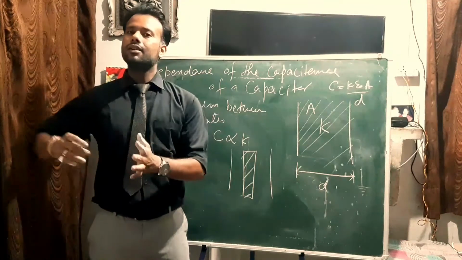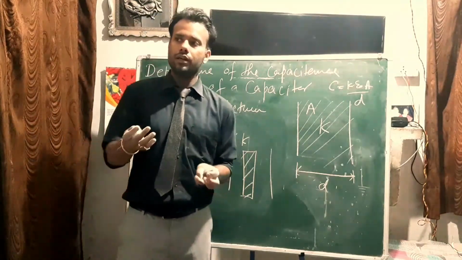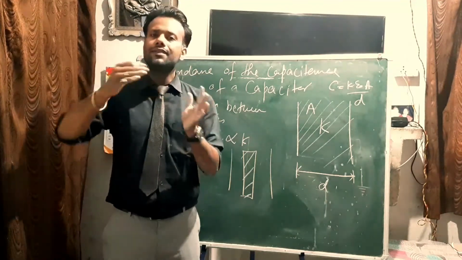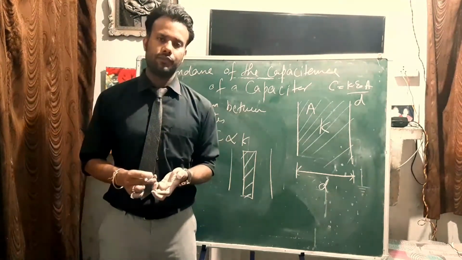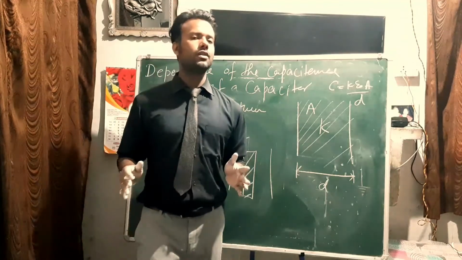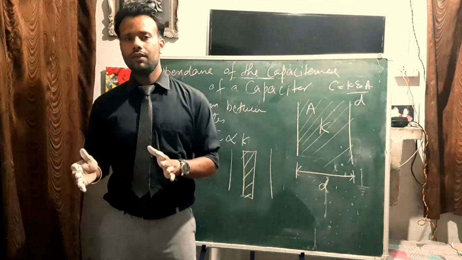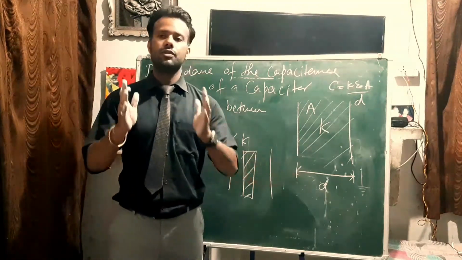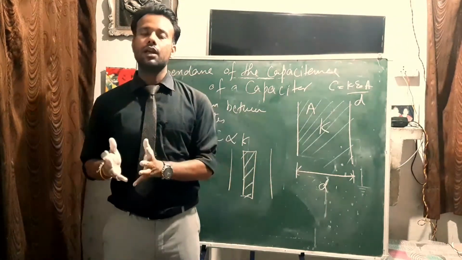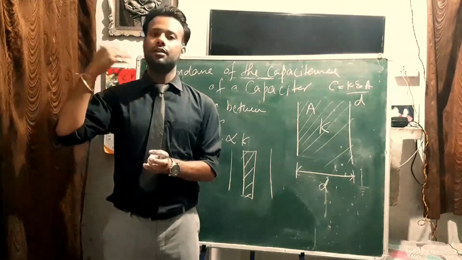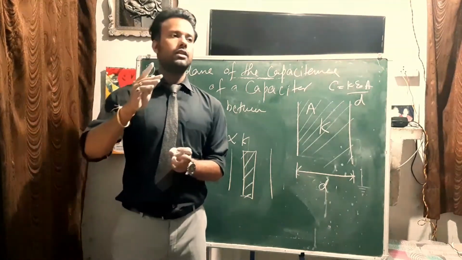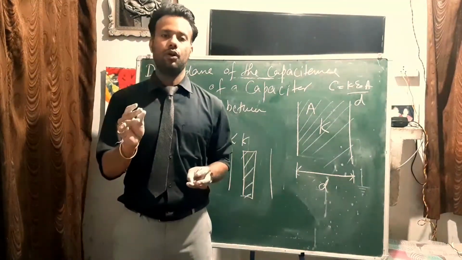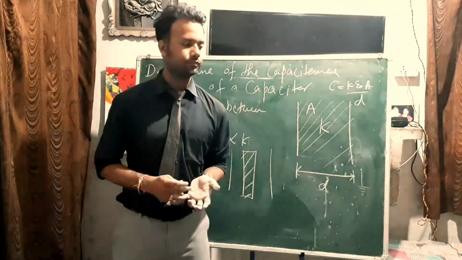Will it increase more, or will there be less effect? How does the capacitance change if we change the width of the dielectric placed between the plates? I will discuss this topic in the next video, which is the capacitance of a parallel plate capacitor having a slab of dielectric material between the plates.